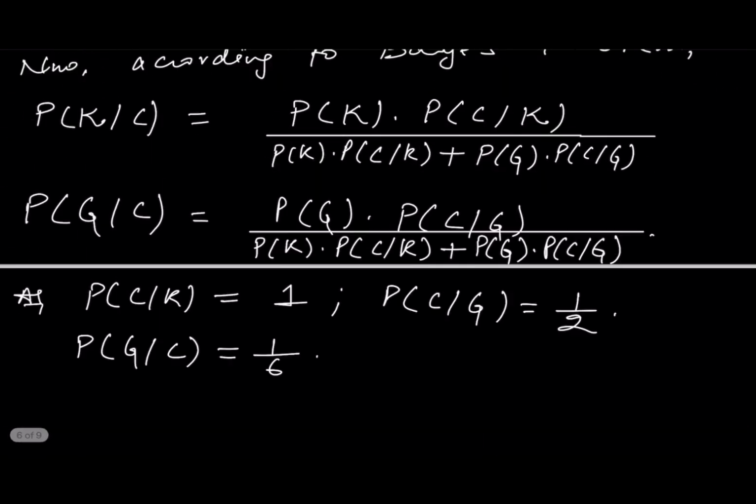Now if I see the first, then I don't know what P of K by C is, right? But we know this P of G by C, right?